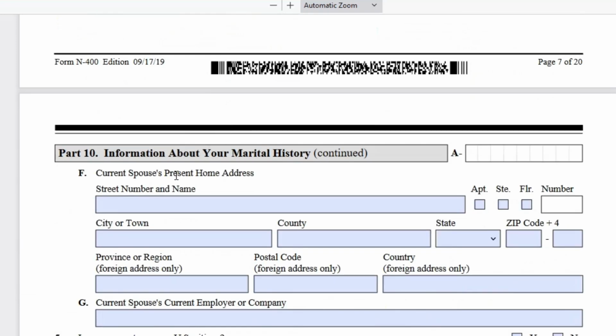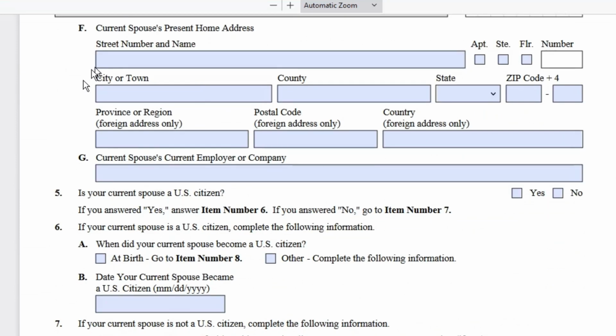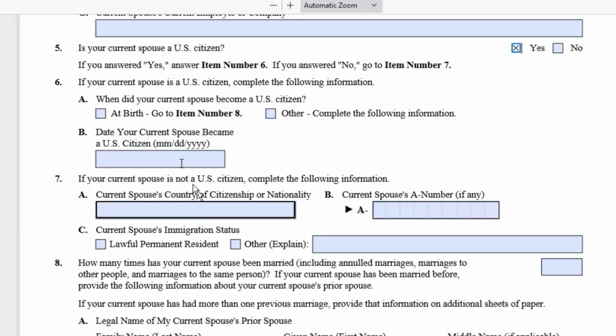You keep going. Now, information about marital history. Were you married before? They usually ask because if you got your green card through marriage, they want to know. Is your current spouse a US citizen? Yes. That means you might be qualified under the 3 years, but if you already reached 5 years, there's no problem here. How did your spouse become a citizen?